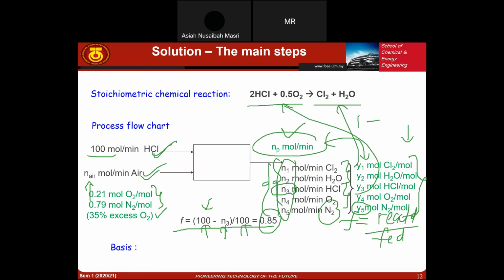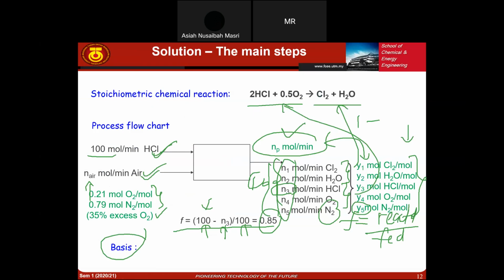Let's say we focus on the first method, right? Now, how much is the basis? Remember back last time, how do we decide on the basis? Are we going to create a new value for the basis? What we have to do is first we have to solve the DOF, the degree of freedom.